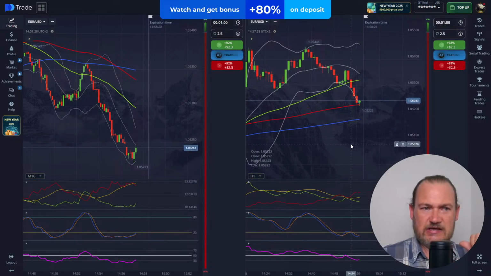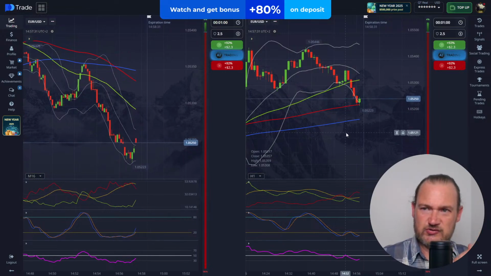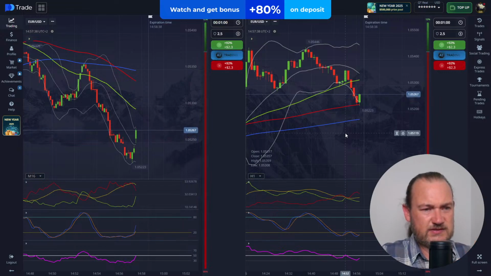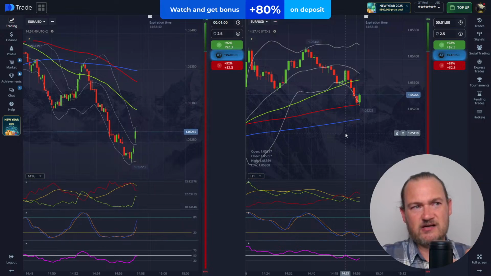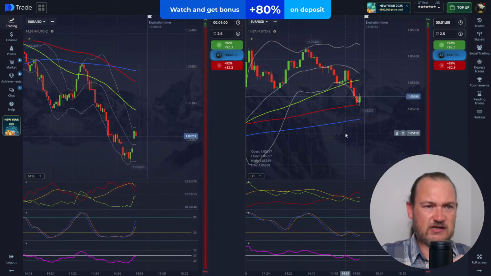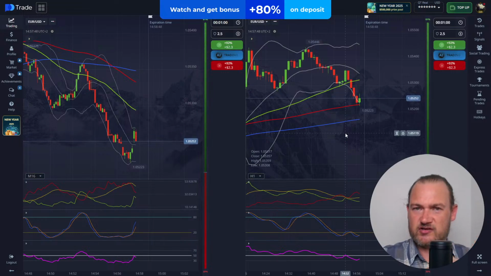Martingale will help you recover losses if you do not lose a lot of trades in a row on a regular basis. And then always just remember, it's not necessarily that you have a bad strategy. It could be that quite often people just rush their trades.